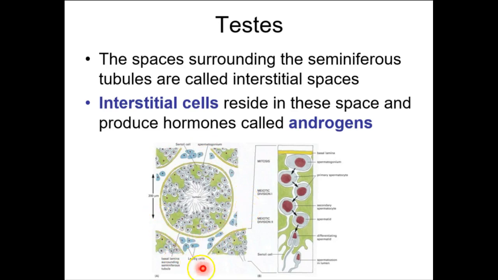You'll note here they're also known as Leydig cells. There's a lot of extra terminology. I'll do my best to stick with the textbook terminology. The androgen they're referring to is testosterone. So interstitial cells release testosterone. You know testosterone comes from testes. Now you just have to add in the specific name of the cell that does that.